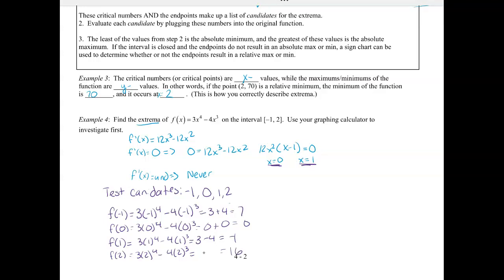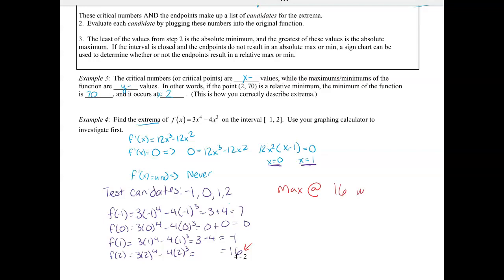Alright. Cool beans. So now I look at my numbers and I'm like, where do I have a maximum? Well, my maximum happens where my y value is the largest on those 4 numbers. Well, my largest number that I see is 16. And where did that 16 happen?